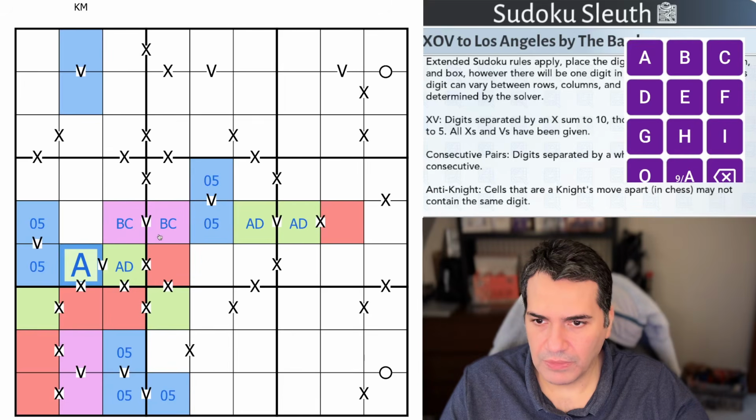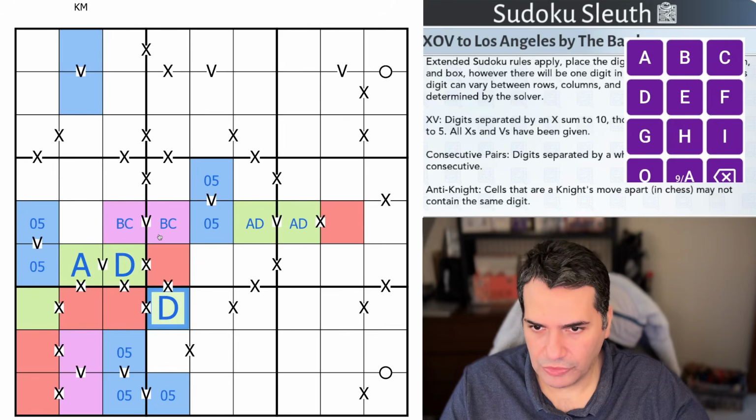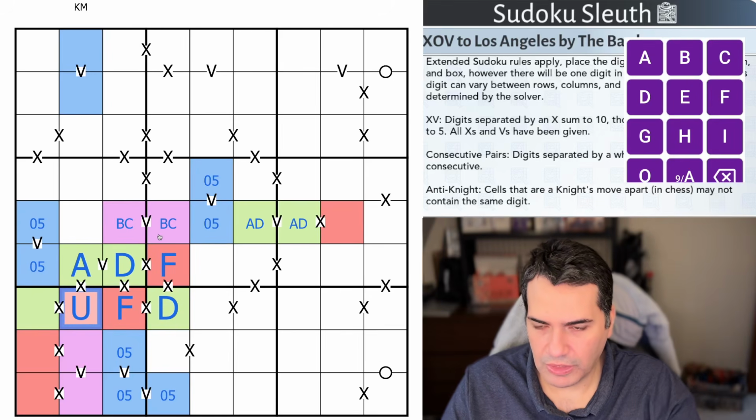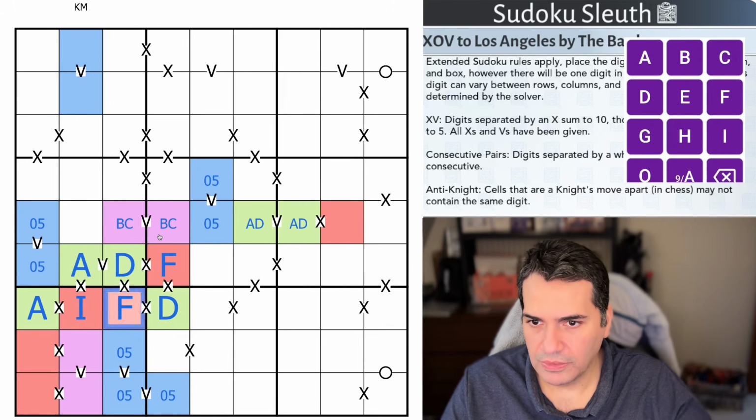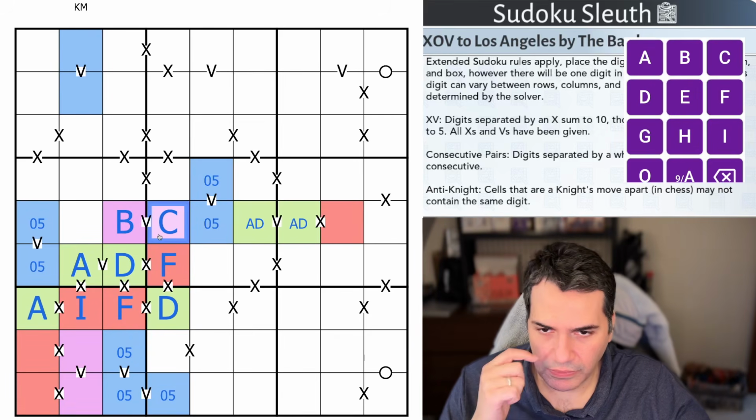With AD, this is the same, these are Fs, this is I, this is A. I don't really want to pick here because it's not proving very useful just yet. Let's pick B and C.